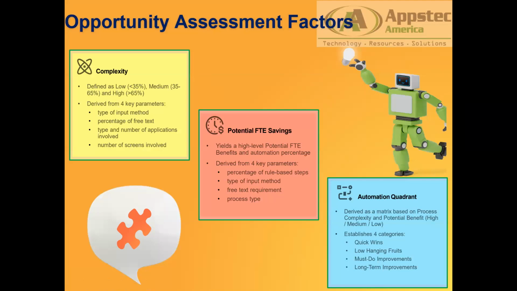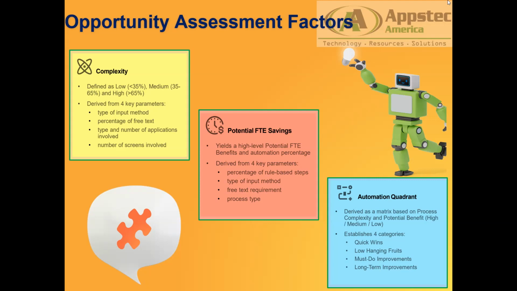All right, so with this, we will come to the next module to understand the opportunity assessment factors. Opportunity assessment factors can be calculated into different attributes. First is complexity, and we will talk about the complexity parameter in detail in the coming slide.